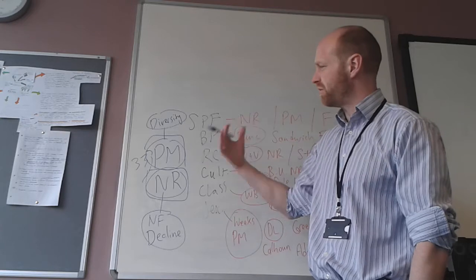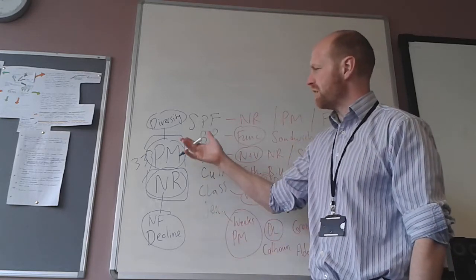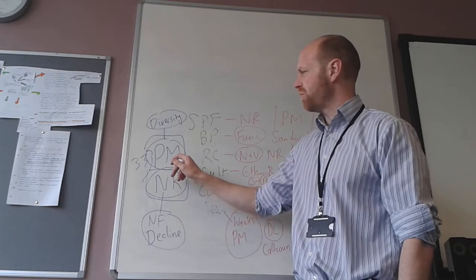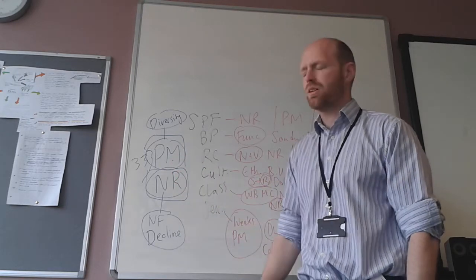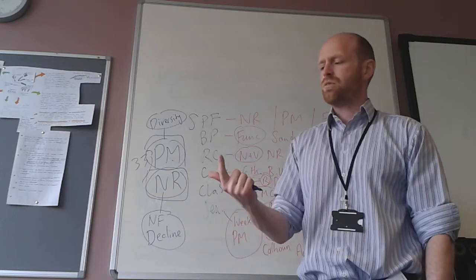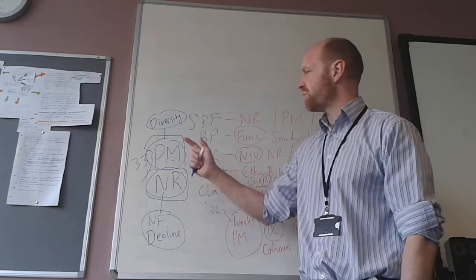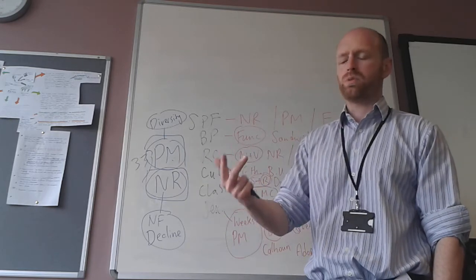So refer to functionalists, Marxists, feminists, in addition to the view that's not in the question. Okay, so if you've got new right, you've got to refer to postmodernists, functionalists, Marxists, and feminists. Okay, if it's postmodernists, you've got to refer to new right, functionalists, Marxists, feminists.